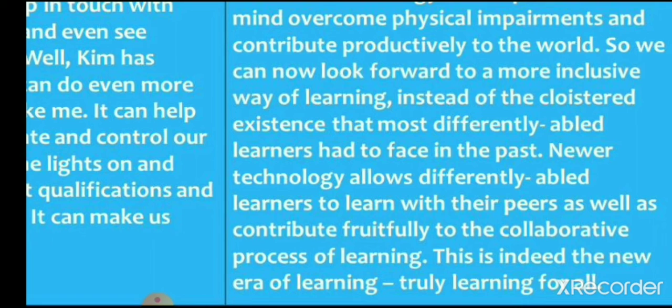Technology is not just a tool. It can give learners a voice that they may not have. Physical impairment is not a hindrance to success. Alicia and David became independent, confident, and competent after using the technology.